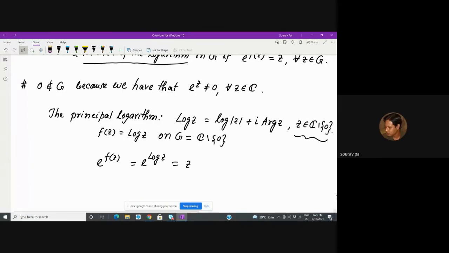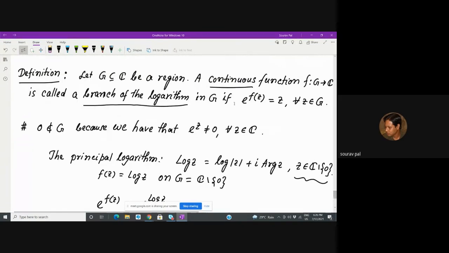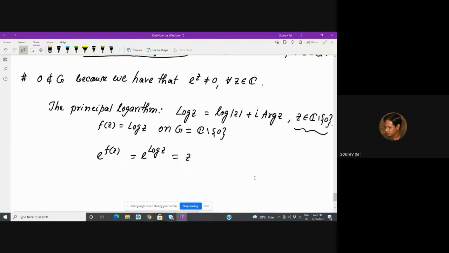If you just look at the definition, f has to be a continuous function on the given region. This G is definitely a region, but this log z is not continuous. Why? Because this argument is not a continuous function.